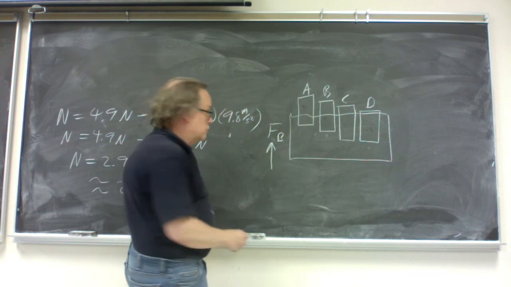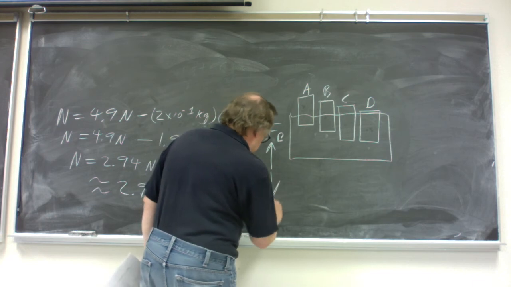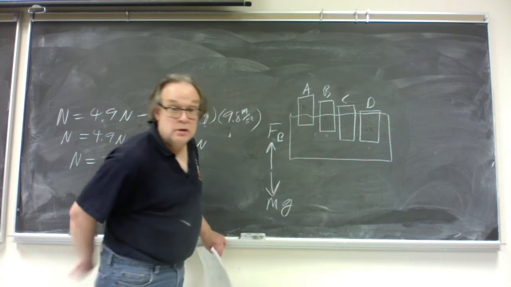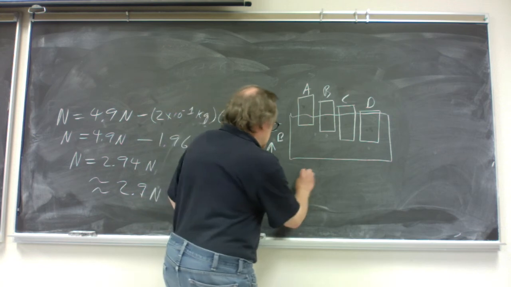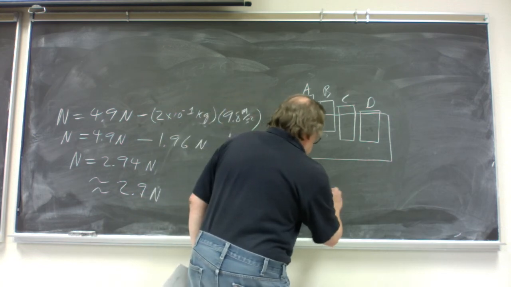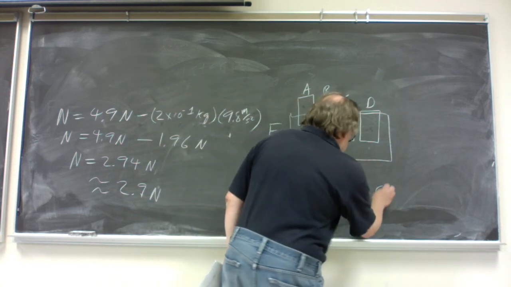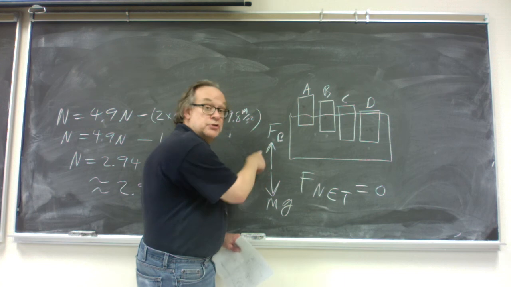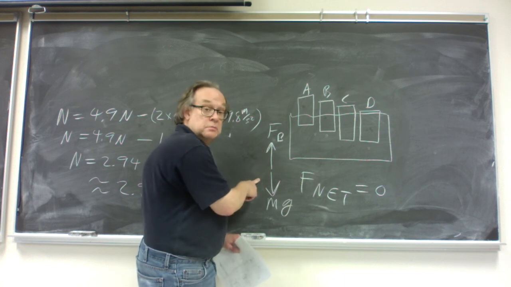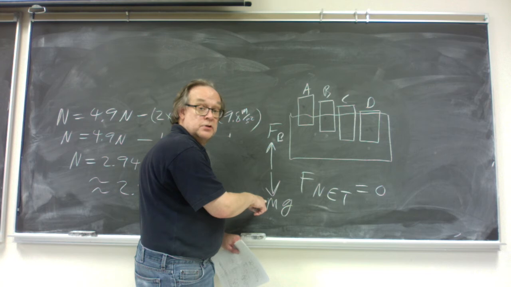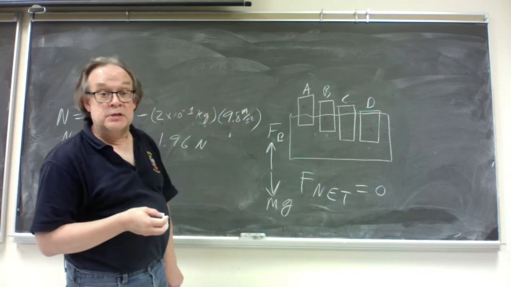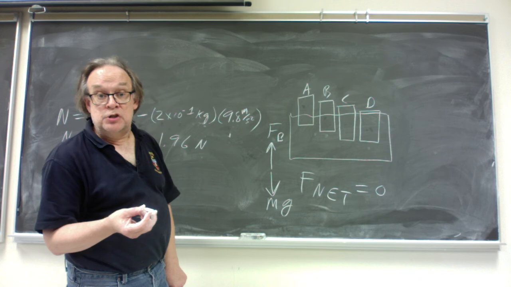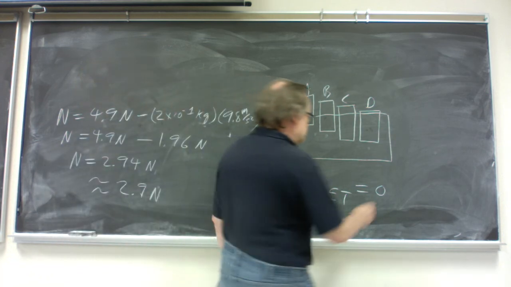The upward buoyant force and the weight pulling down. Since the net force is 0, that means that these 2 forces have to cancel out to give us a net result of 0 net force, which means for each of those objects, the buoyant force is just as strong as its weight.